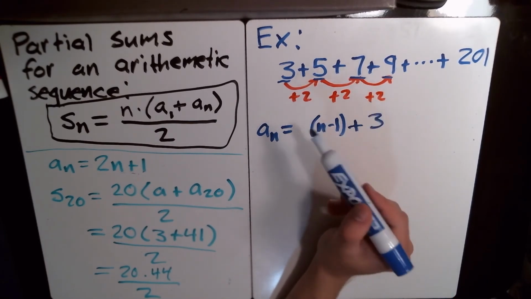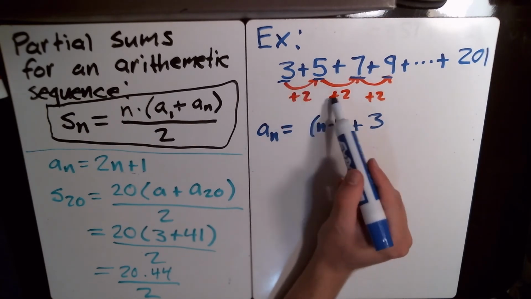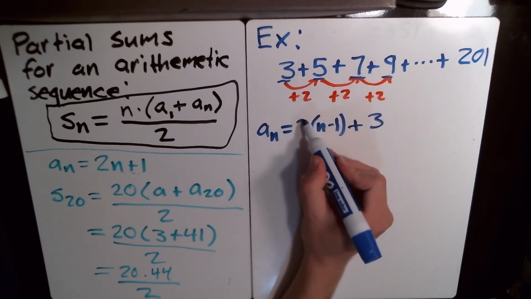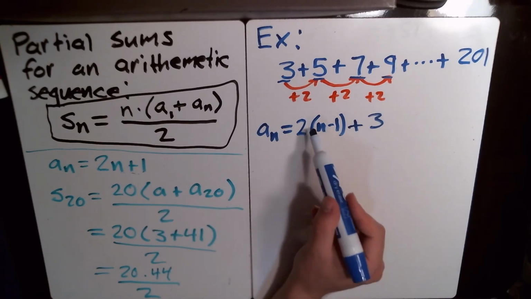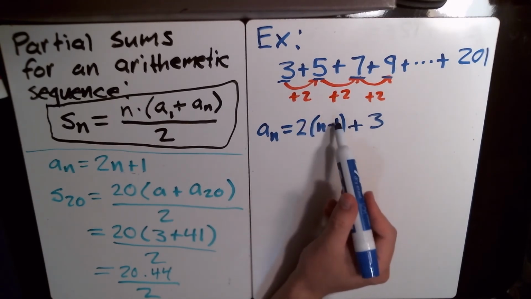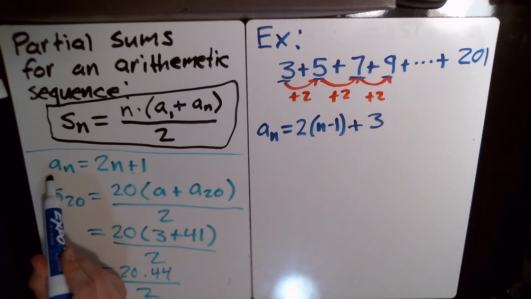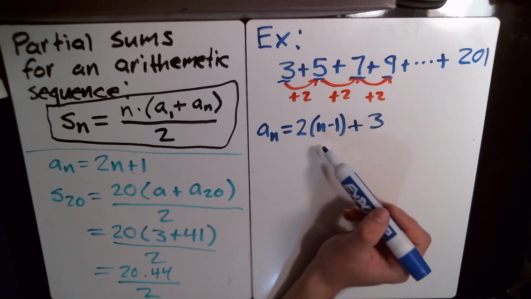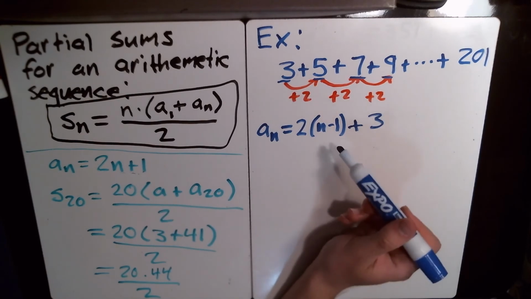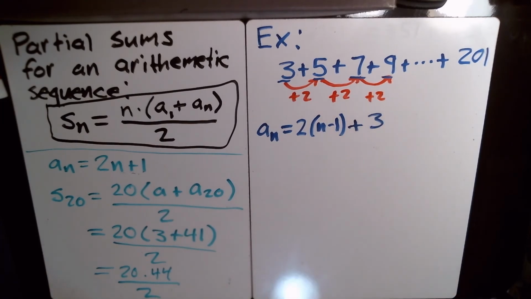So what is D in this case? It's the common difference, so it's 2. Okay, so this is a sub n, and you'll notice if you distribute in the 2 and simplify, you actually get the same thing as this. So this is our formula for a sub n, which is an arithmetic sequence.